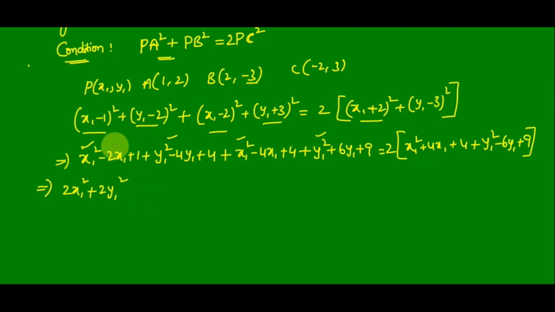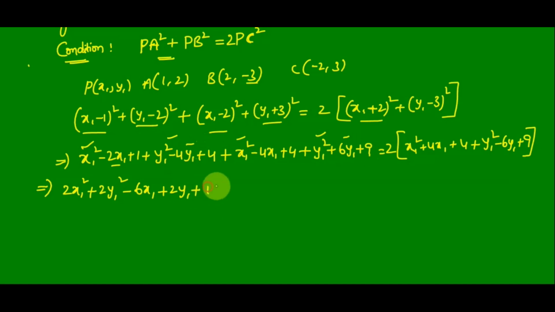Then x1 terms, here minus 2x1, here minus 4x1, so it will become minus 6x1. Similarly, y1 terms, here minus 4y1, here plus 6y1, so 6 minus 4 is plus 2y1. Then comes the constant terms, 1 plus 4 is 5, 5 plus 4 is 9, 9 plus 9 is 18.